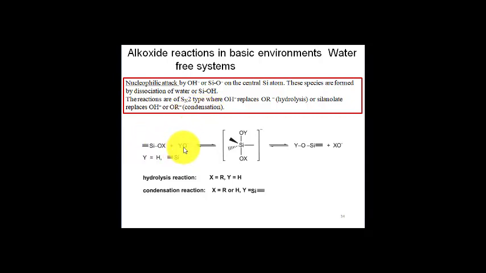We have a nucleophile, it attacks at the silicon, and in the second step the XO group leaves and we get a nucleophile oxygen and silicon bond. For the hydrolysis reaction, X can be R, Y can be H, and at the condensation step X can be R or H and Y can be silicon.